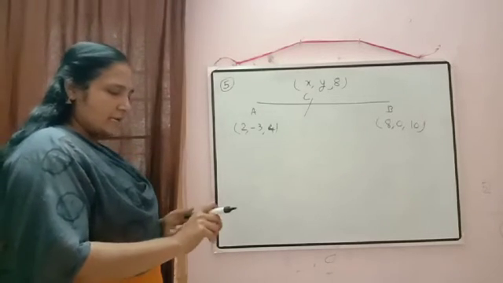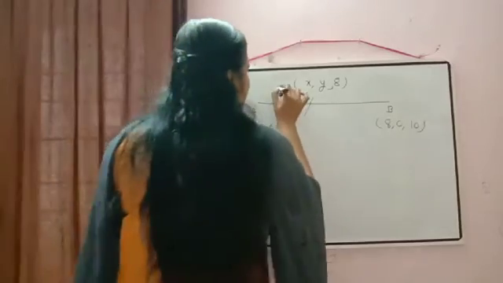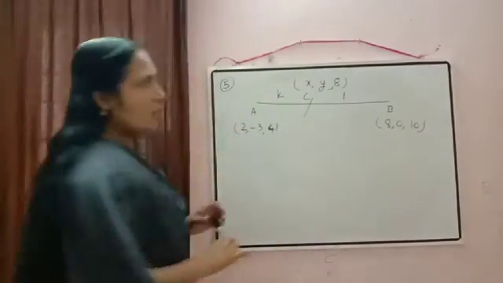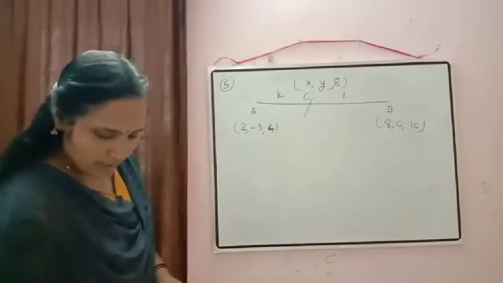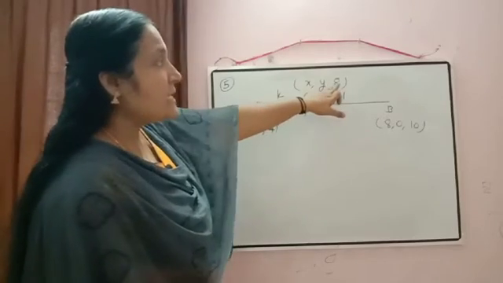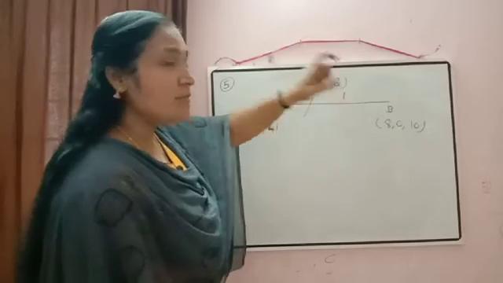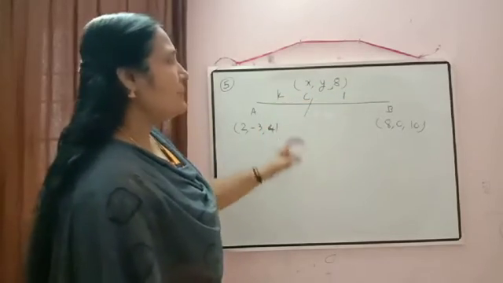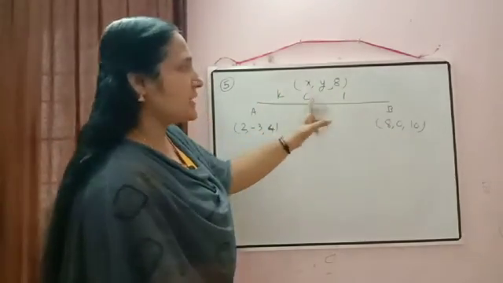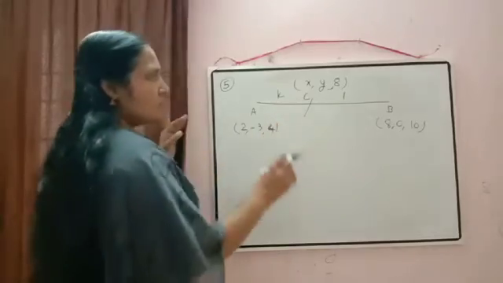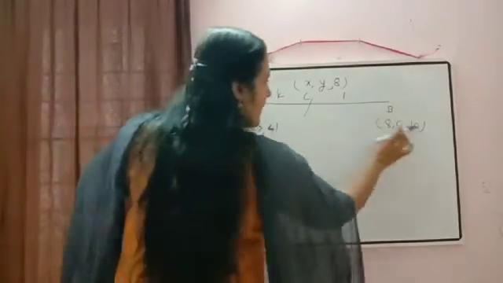So just to check how we can find out the ratio there. First, let the ratio be k is to 1. And whose coordinate is given here? Z coordinate is given. So according to the formula, what will be the z coordinate of C? It divides it in the ratio k is to 1.